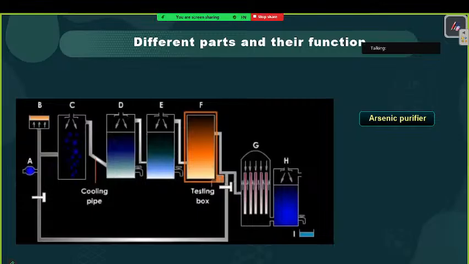So the gas mixture is passed over ferric oxide or ferric hydroxide. Either one can be used.